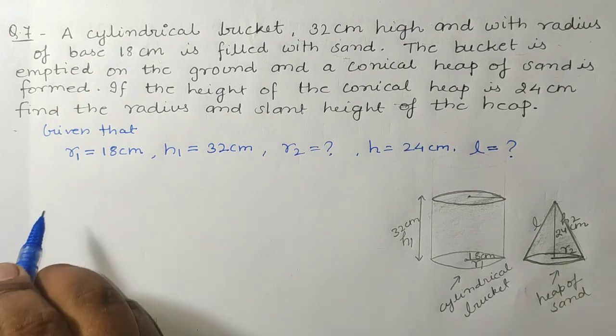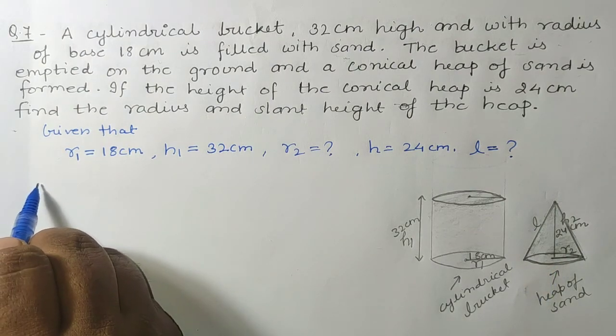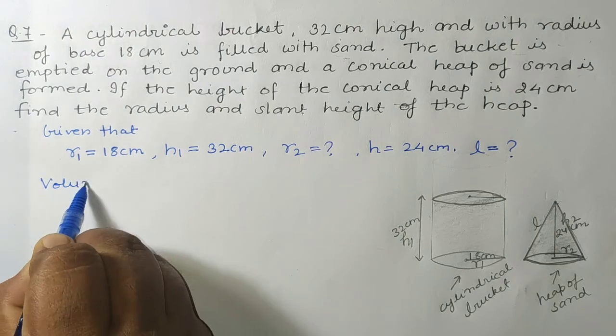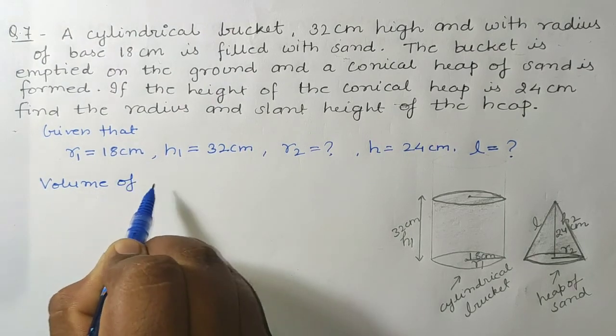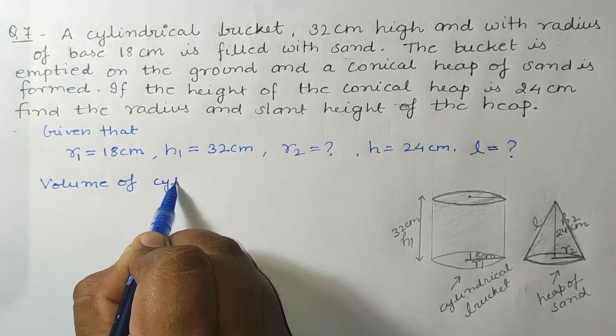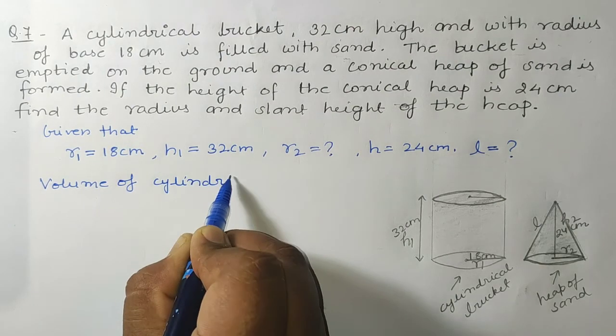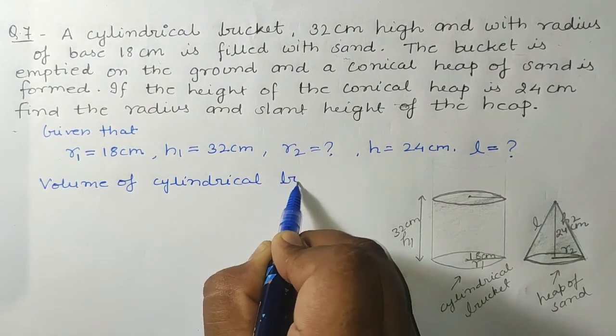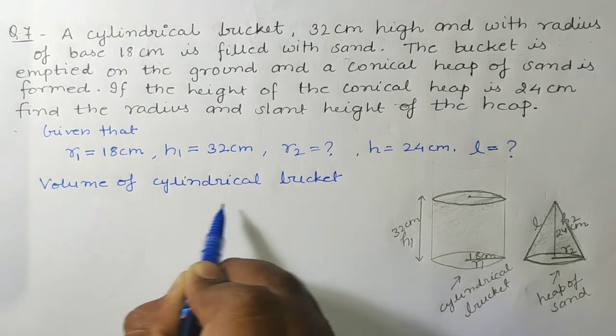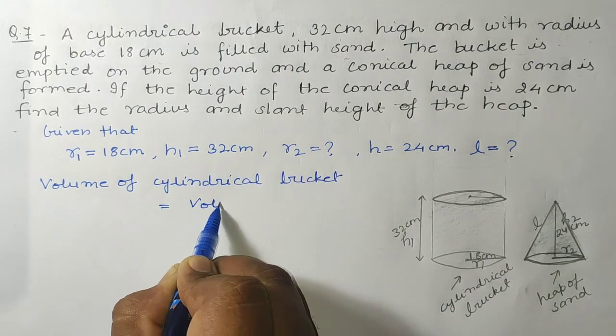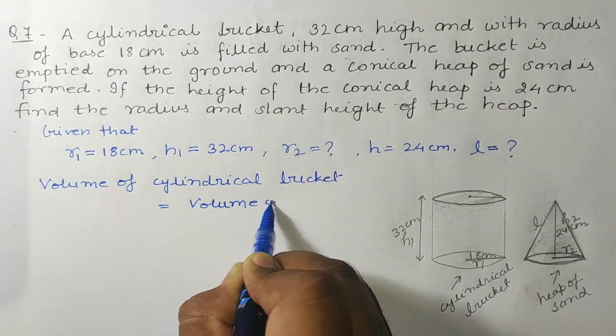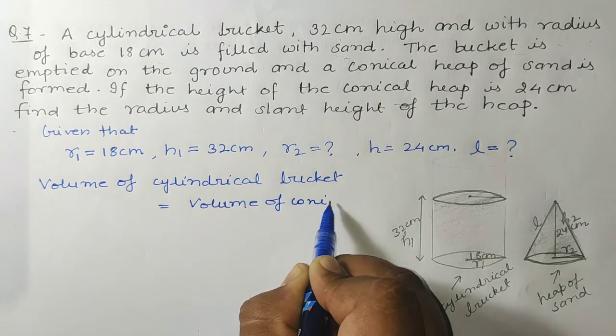So here we'll apply that volume of cylindrical bucket is equal to volume of conical heap.